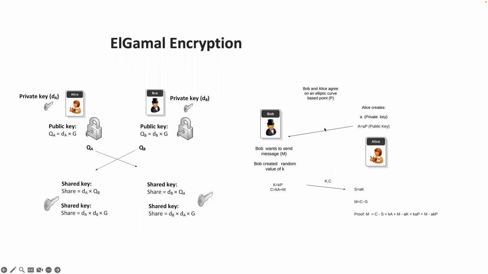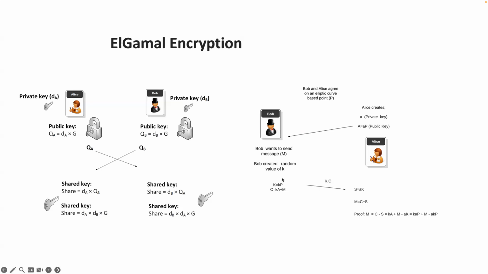Here, let's say Bob wants to send a message to Alice. What does he do? He can generate a random key, k. Basically it's like a nonce. If you know about the ECDSA signature, he can generate a random value called k, like a nonce.